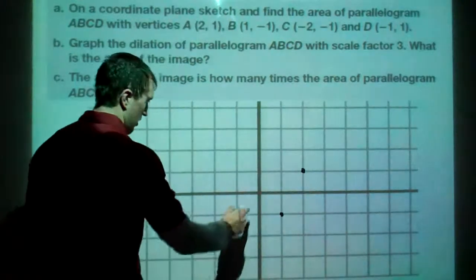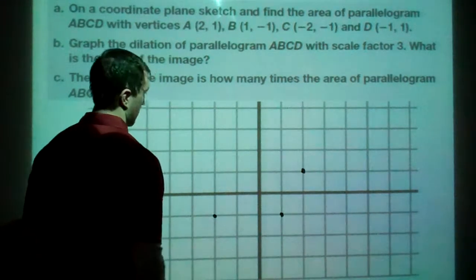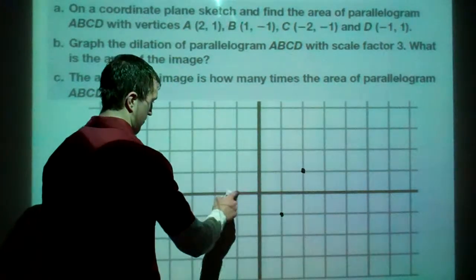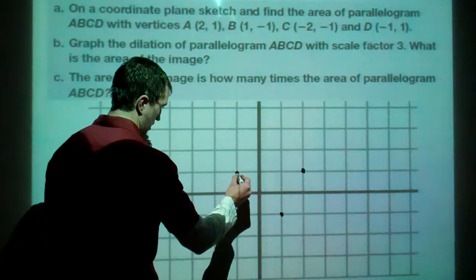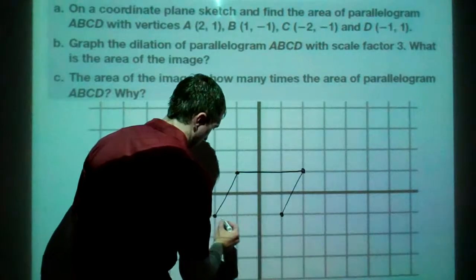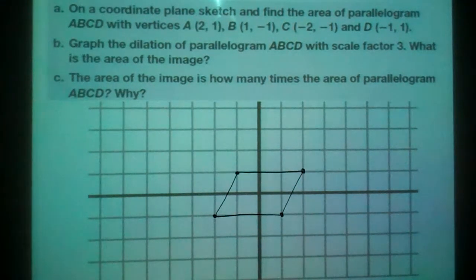C, negative 2, negative 1, so back 2, down 1. And D, back 1, up 1, right here. And we should get a parallelogram looking shape. My lines will not be perfect. But there we go. We should have a parallelogram there.